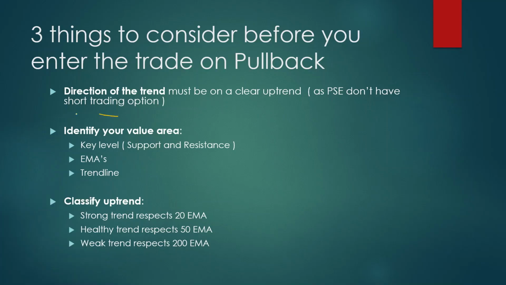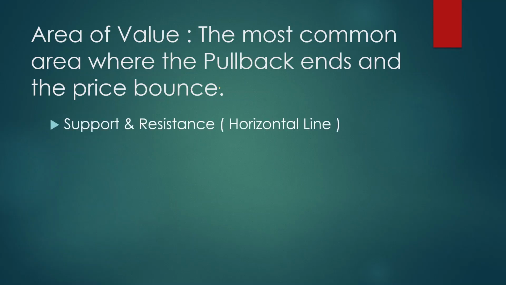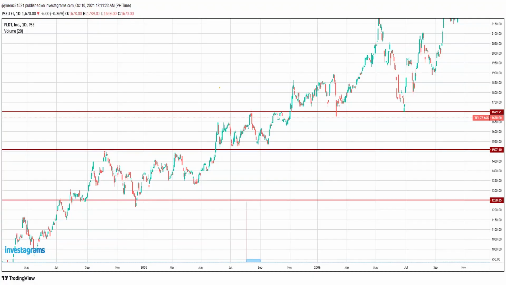Ngayon, let's focus on this three kasi ito yung isa sa pinaka-importante kailangan natin tignan as a trader, which is the area of value. So, ano bang ibig sabihin ng area of value? It is the most common area where the pullback ends and the price bounce. So, yung pinakita natin kanina, which is the support and resistance level, the horizontal line, ito yung ating example.